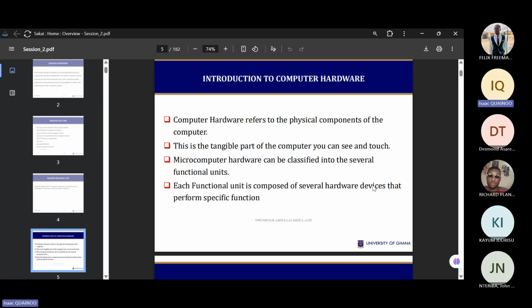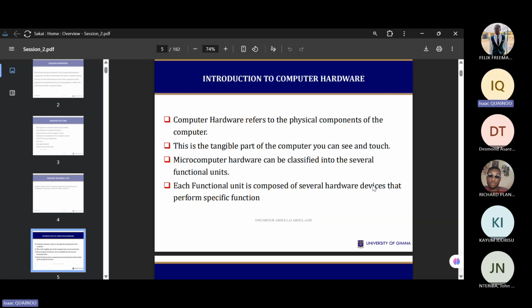When you compare a computer to a human being, we can say that the hardware is like the body: the hands, the legs, the head, the parts which you can touch, which are solid. With a computer system, we're talking about things like the keyboard, the mouse, the monitor, and other internal components which you can touch or feel. These are all parts of the computer hardware.